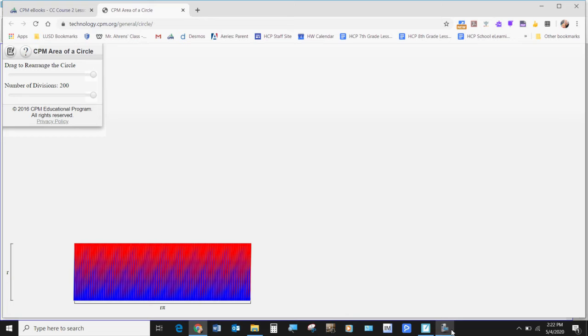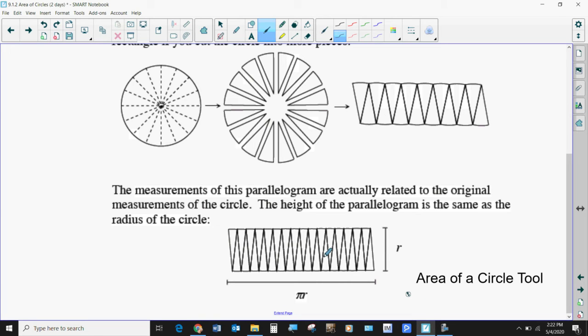Okay, so let's get back to this right here. When we use this tool and take this out to an infinite number of wedges, not just 200, but an infinite number of them, you would essentially see this turn into a rectangle where the height of the rectangle is the radius and the base is half the circumference.